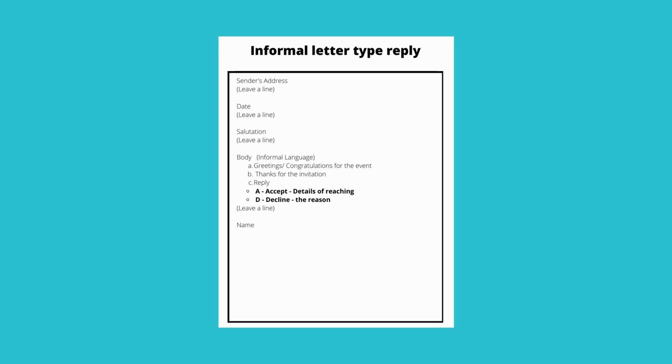Or in case we are not able to, then we need to regret having been unable to attend, giving a specific reason. And then closing salutation, your name, and close the box. That's how the informal reply can be completed.